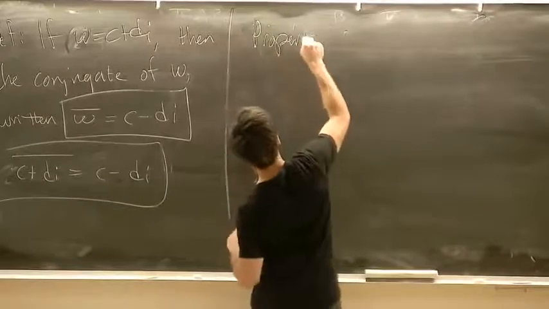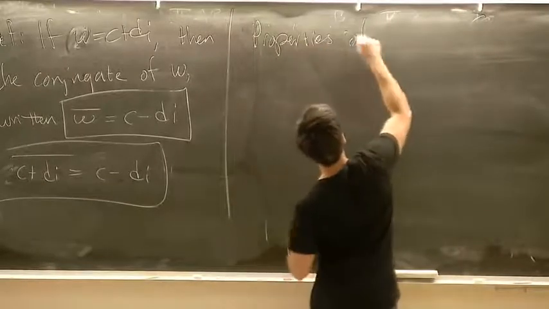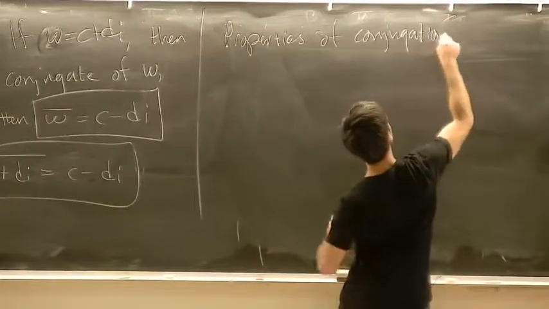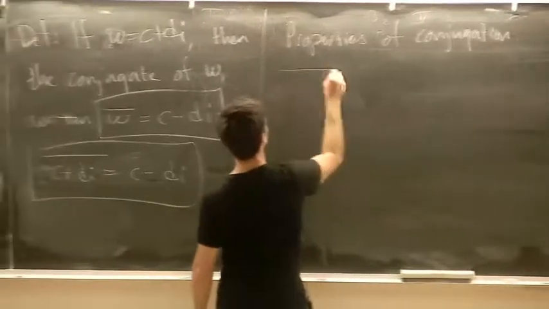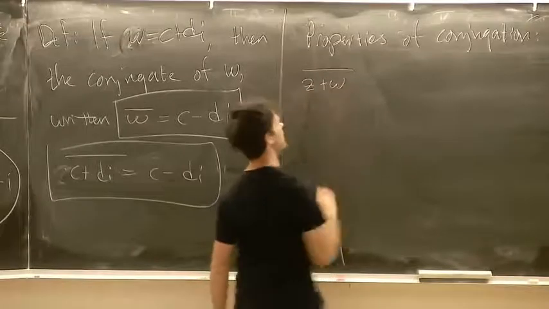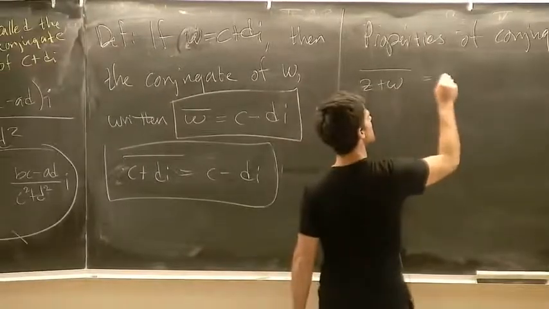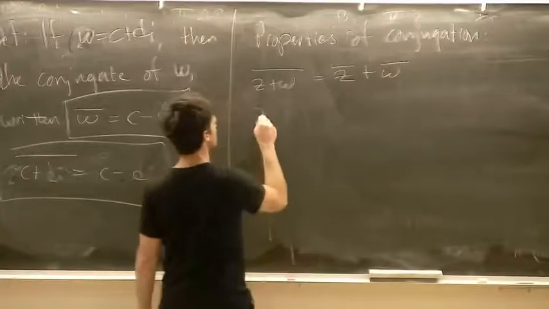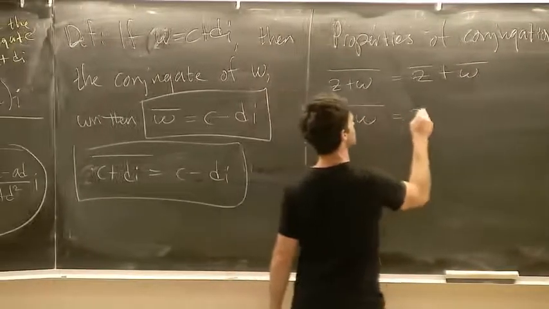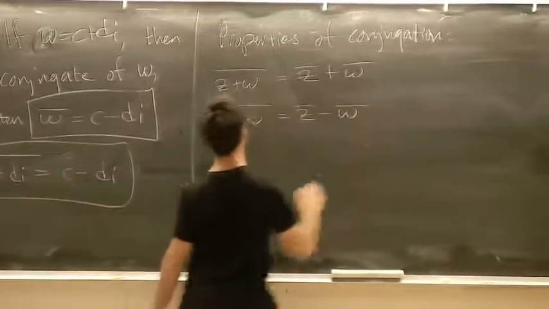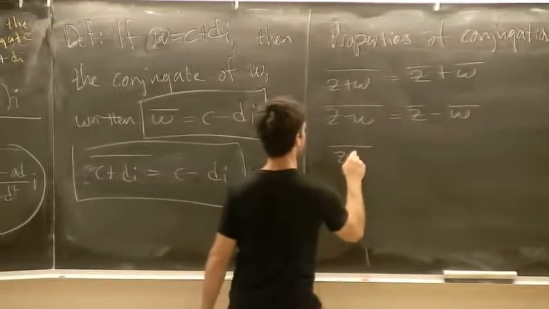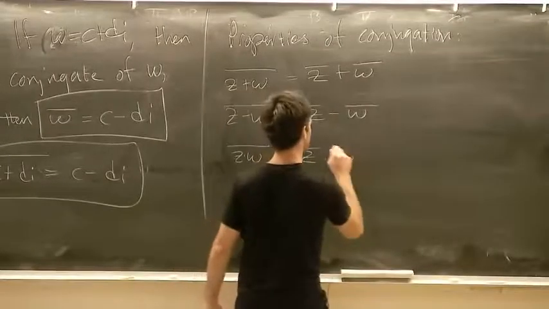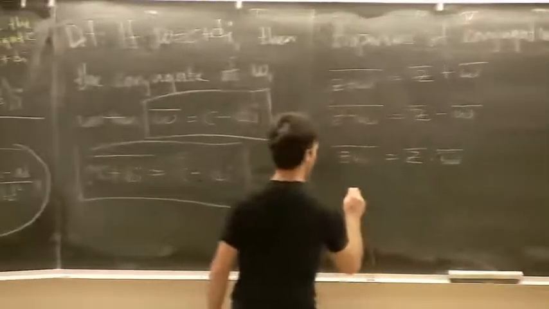So here are a few properties of conjugation. For example, if you take the conjugate of the sum, that's the sum of the conjugates. The conjugate of the difference is the difference of the conjugates. The conjugate of the product is the product of the conjugates.